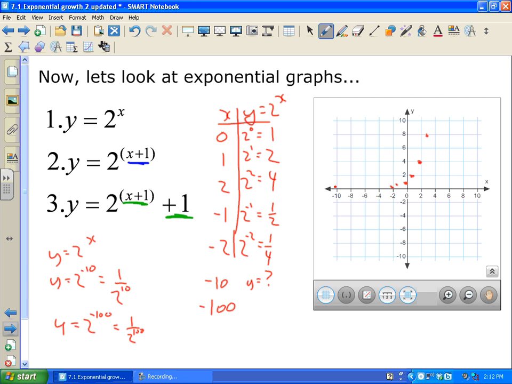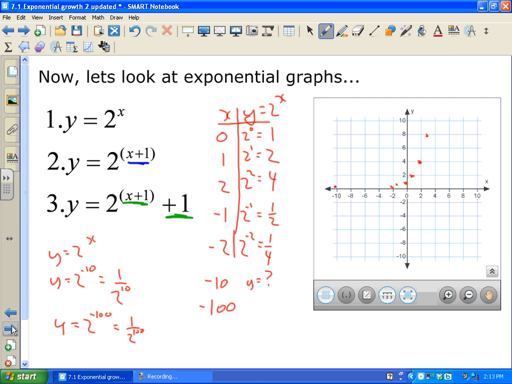There's something weird happening here. I know that when I'm getting bigger, like 4, I'm going to get a big positive number there. 6, I'm going to get a big positive number. But some weird things are happening at this negative end.